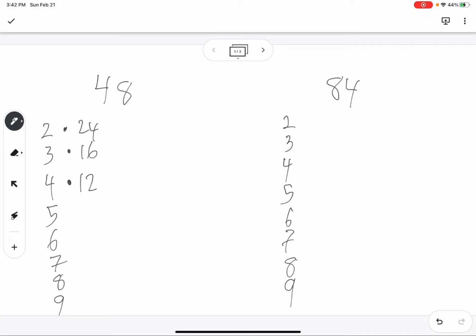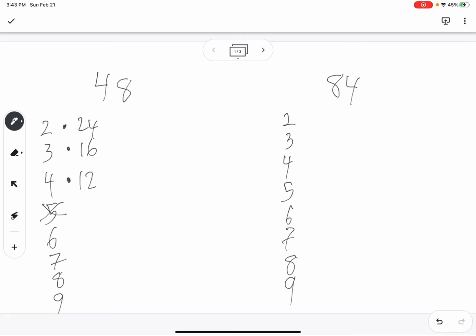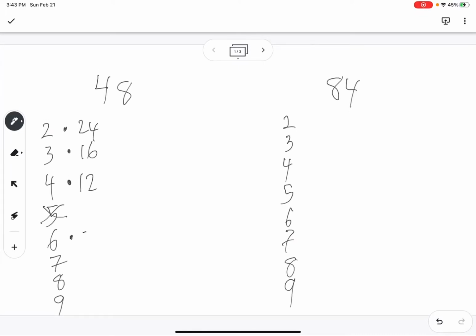Let's do the rest quicker. 48 divided by 5 is 9.6, which is a decimal, so I'm going to cross out 5. Now 48 divided by 6, that's a whole number. It's 8, so I'm going to write 8.